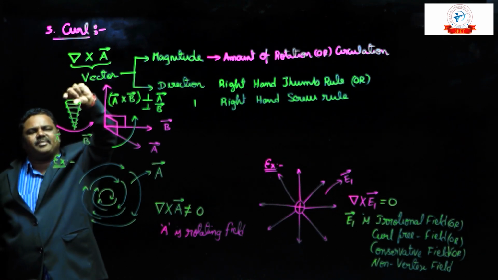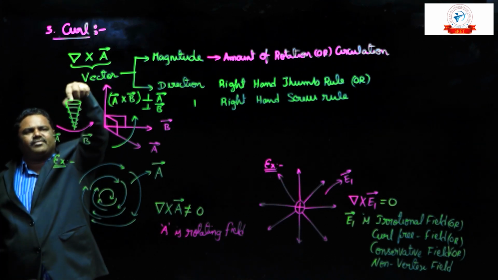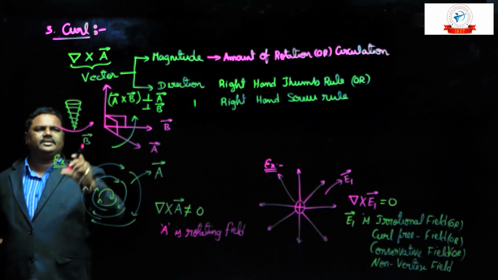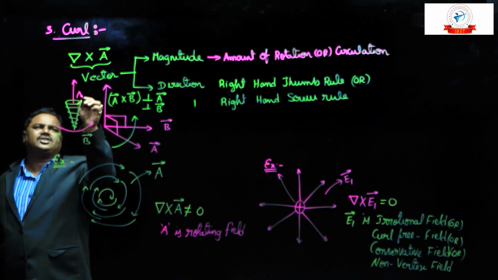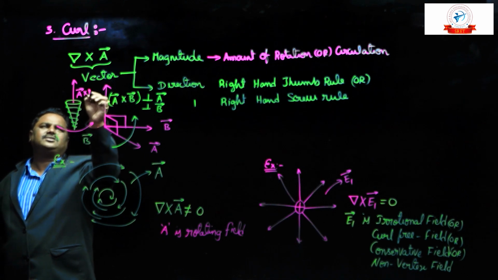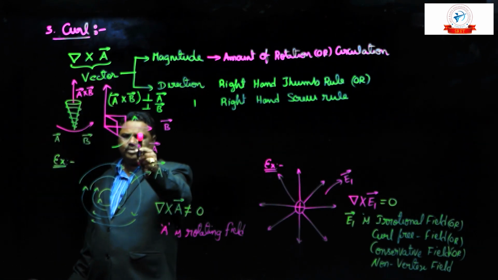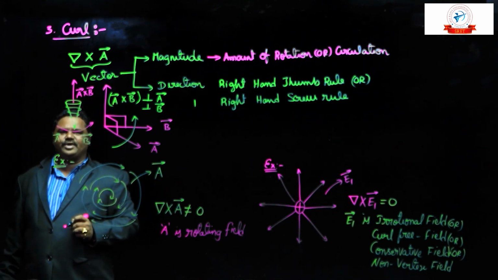When you rotate the screw from A to B, this is a right handed screw, so the screw will be loosened. Then it is going to move in upward direction. That is the direction of A bar cross B bar. So either you apply right hand thumb rule or right hand screw rule to find the cross product between any two unit vectors.